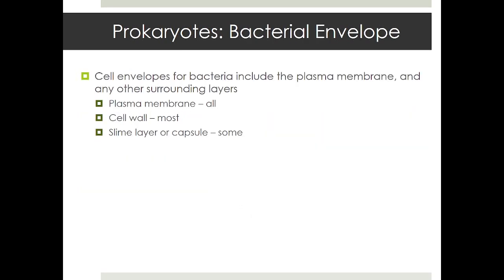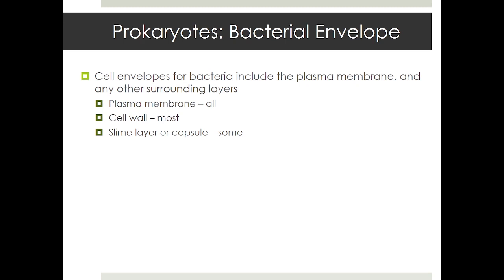Bacteria have what's called an envelope, and the envelope encompasses everything that is outside of the cytoplasm, dividing the cytoplasmic region from the extracellular environment. Typically, you're going to have cell membranes or plasma membranes in all bacteria. Cell walls are present in most, and a slime layer or capsule will be present in some.